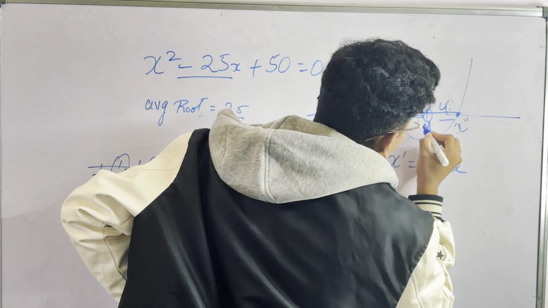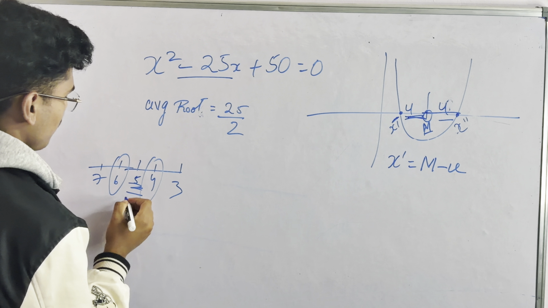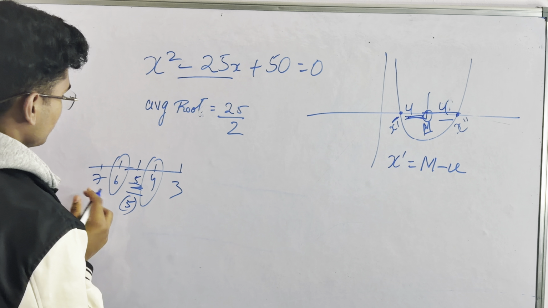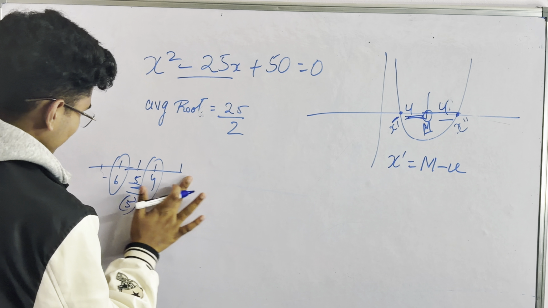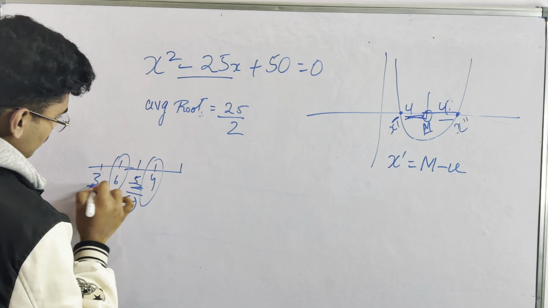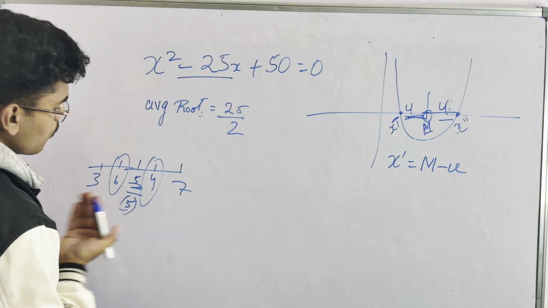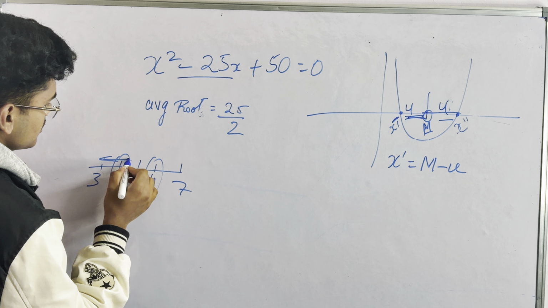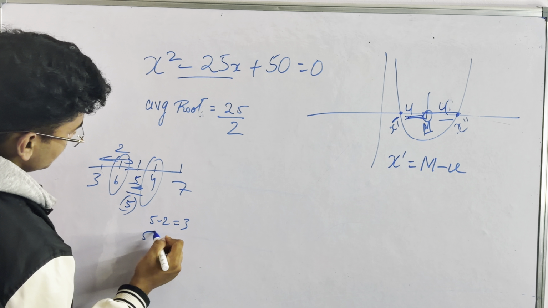Assume m is 5. To go backwards, I have to subtract: 5 minus 2 is 3, and 5 plus 2 is 7.